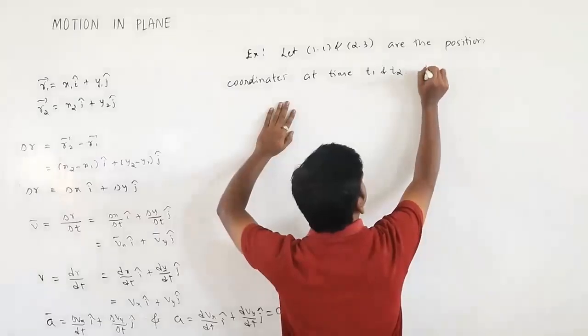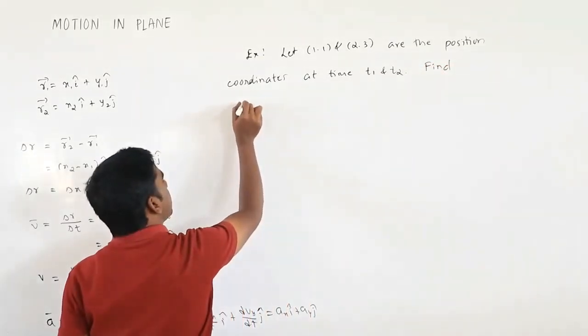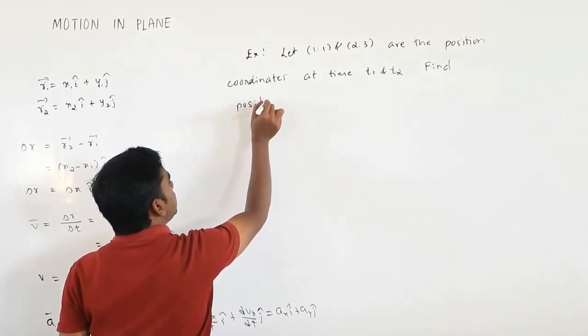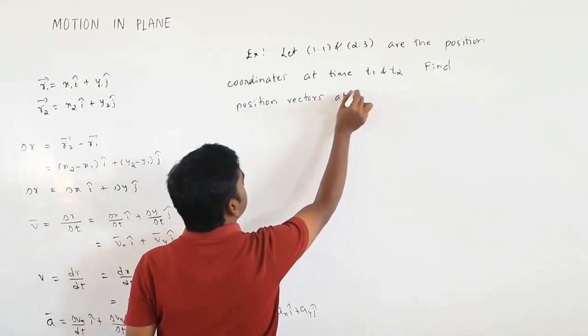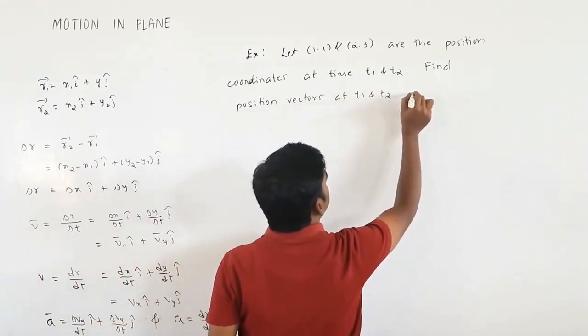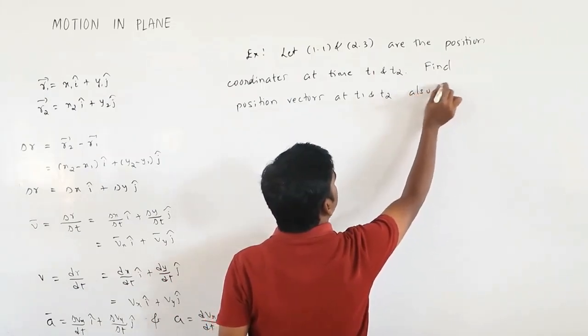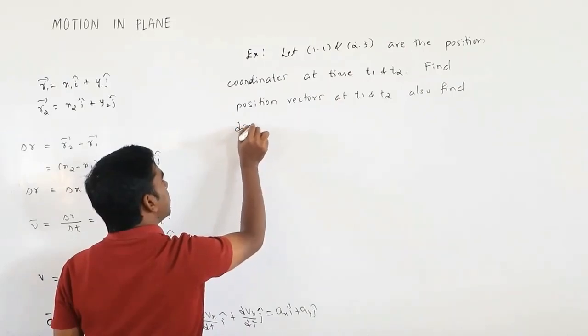So find the position vectors at t1 and t2. Also find the displacement vector.